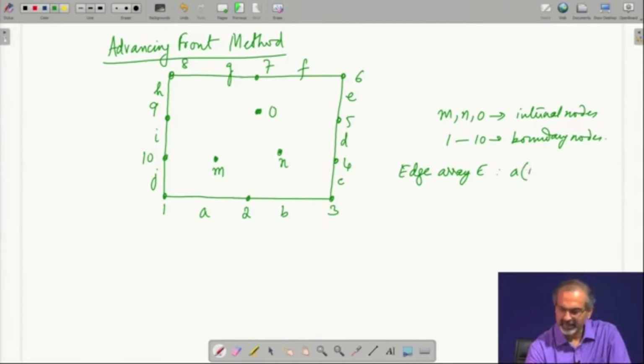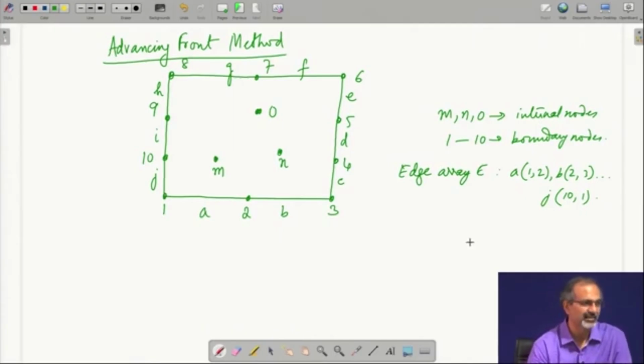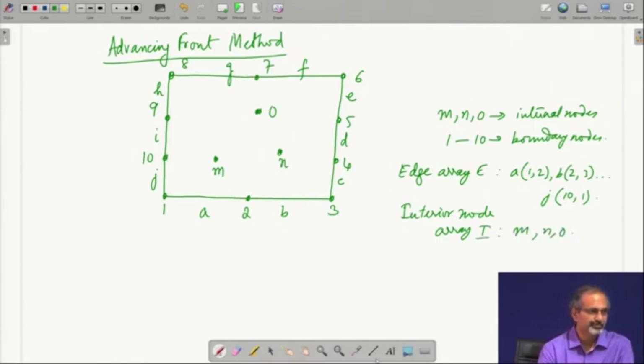Edge A has nodes 1 and 2, B has 2, 3, and finally J has 10 and 1. So, this information gets into the edge array. You have an interior node array, let us say I. That contains M, N, O at the beginning of the grid generation exercise.